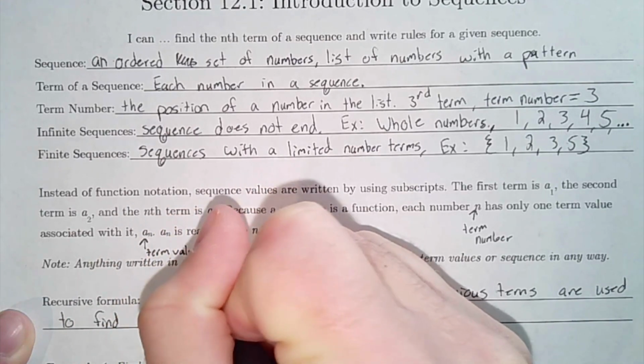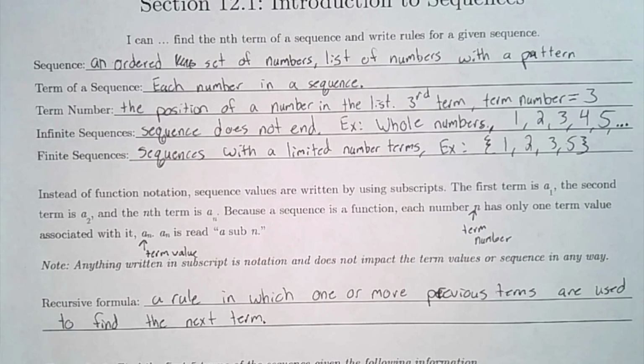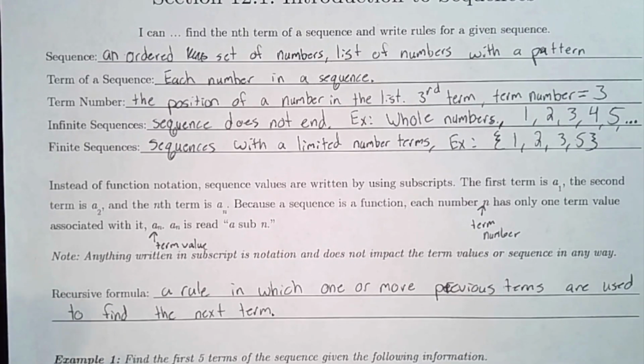So I have to know a previous term in order to find the next term. Now that's really because what that means is if I want to say the 50th number in the list, I would have to know all 49 things before. That would end up being a lot, and so that's where the other formula comes in that makes it a little easier. Let's talk about our first example here.